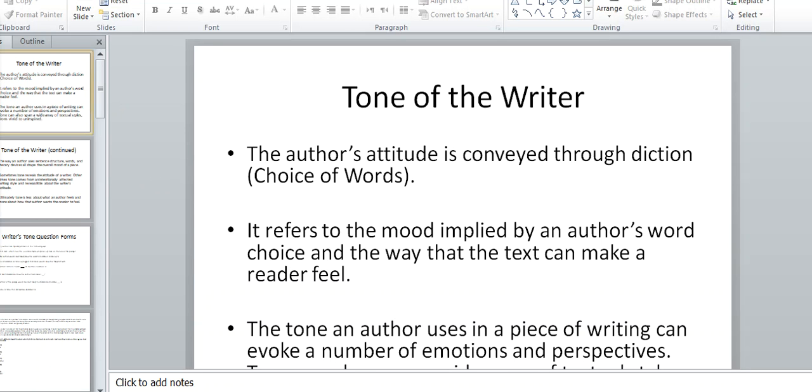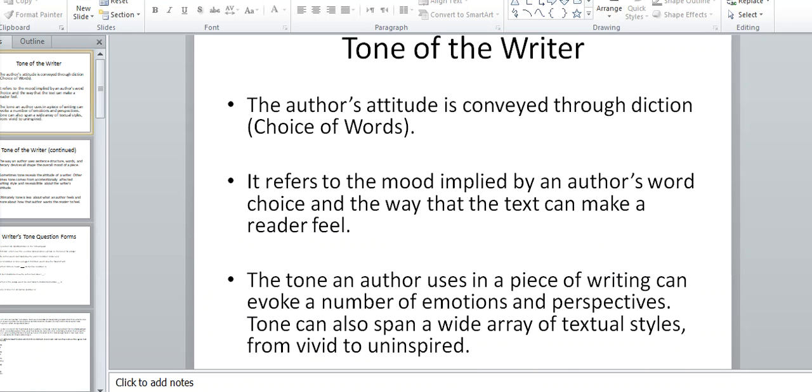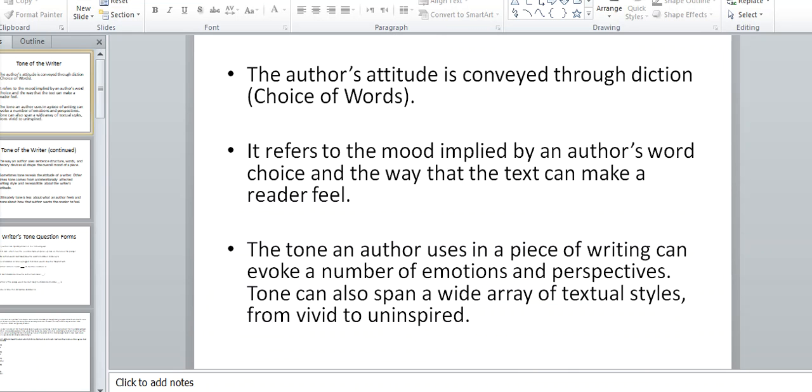The tone an author uses in a piece of writing can evoke a number of emotions and perspectives. Writers intend on using provocative, emotional words that urge people to feel emotional, or it plays on the emotional strength of the people. Tone can also span a wide array of textual styles, from vivid to uninspired.